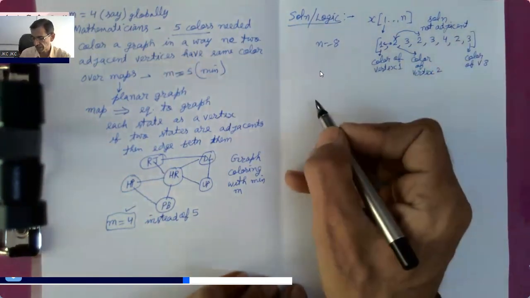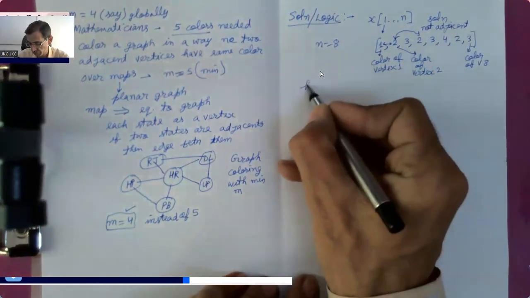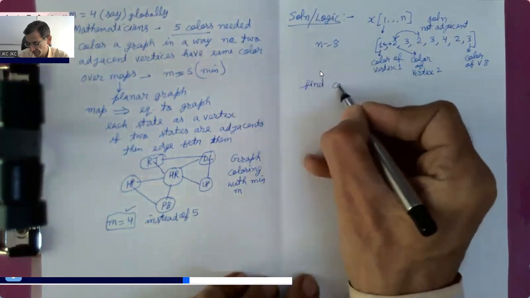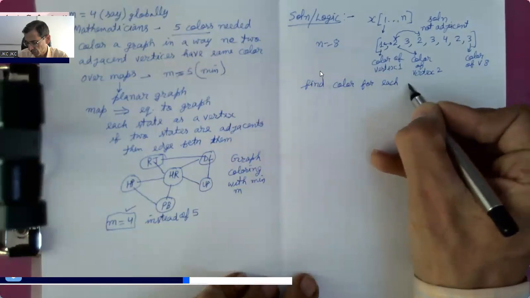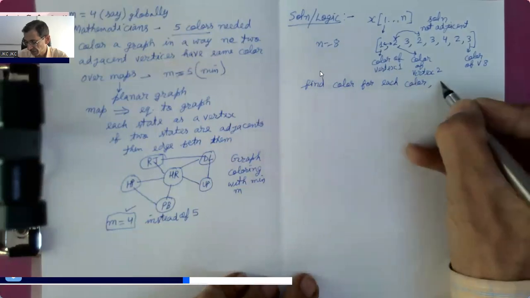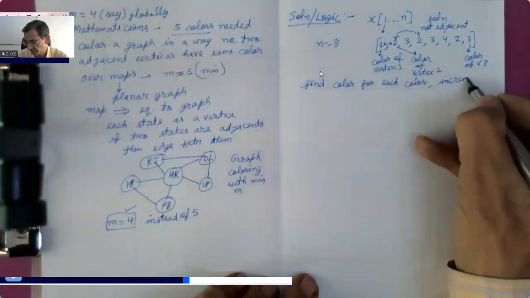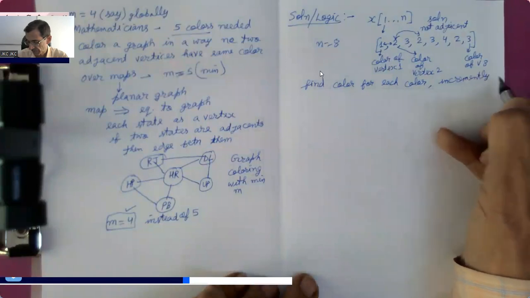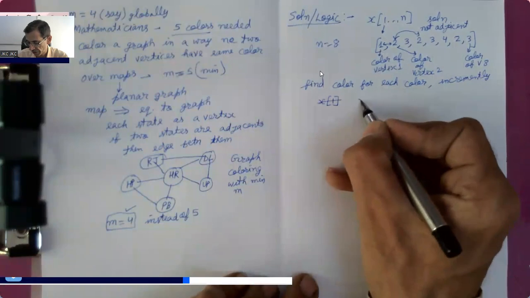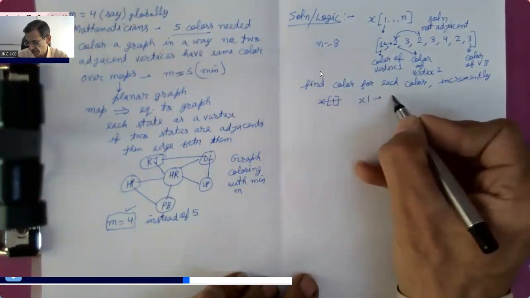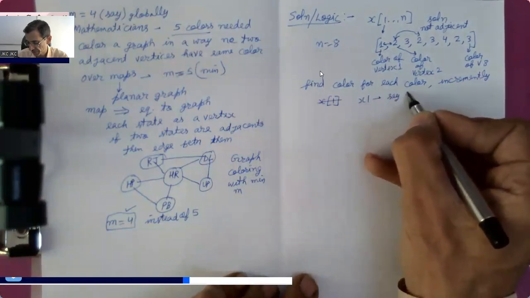So my logic now has to be to find a color for each vertex. How to find it? Obviously, I will find it incrementally. Let's choose for x1 some color, say M1, the first.